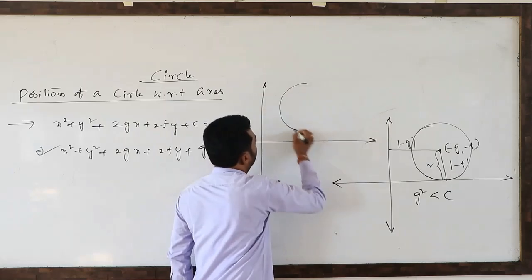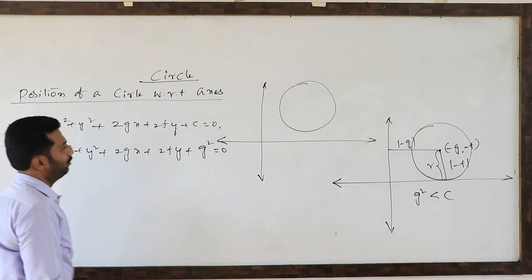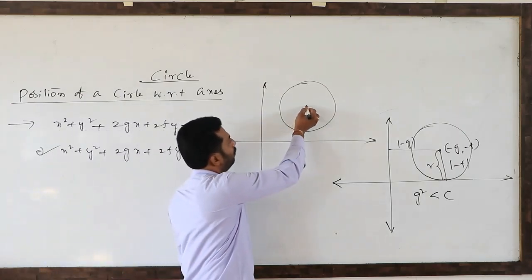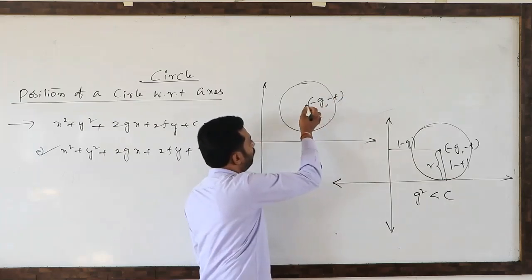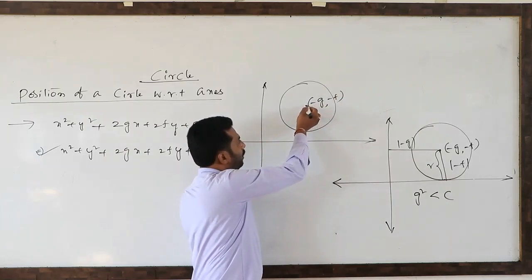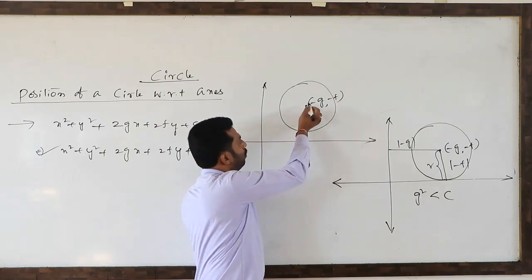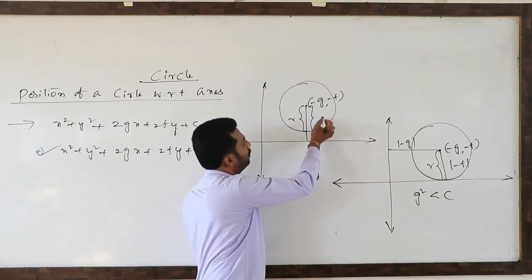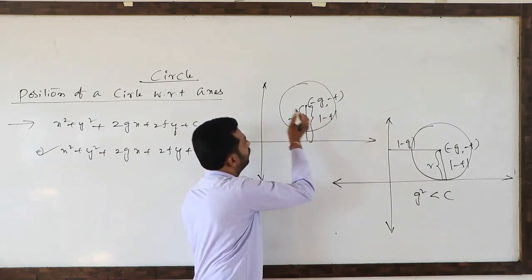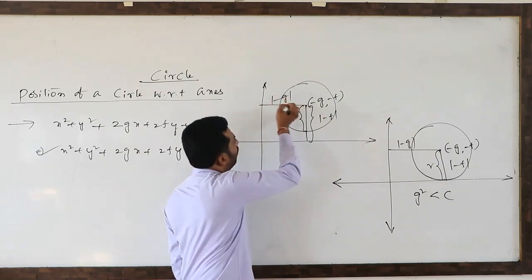So this is a circle x² + y² + 2gx + 2fy + c = 0. The center of the circle is (−g, −f). This is the radius of the circle. You observe, only this length is the radius. The whole length is modulus of minus f. This length is nothing but modulus of minus g.